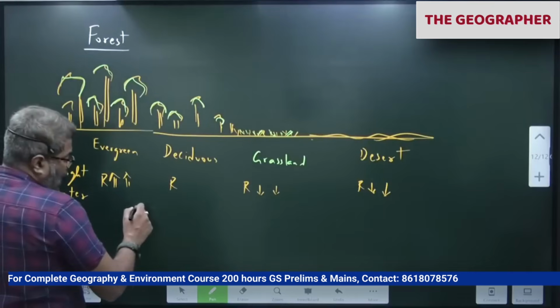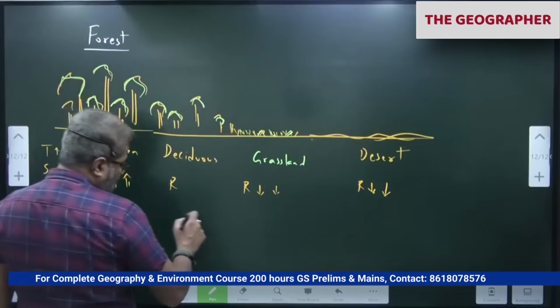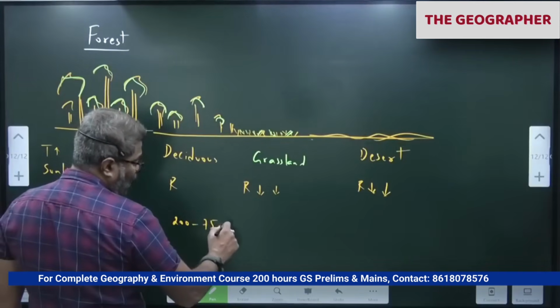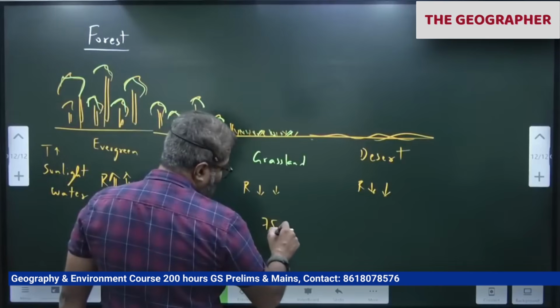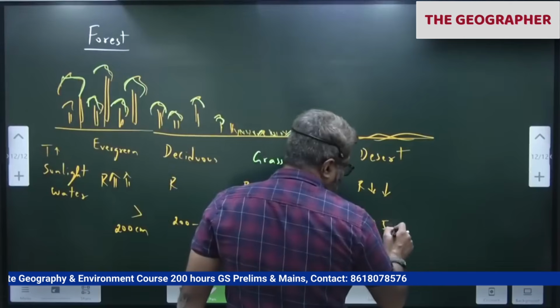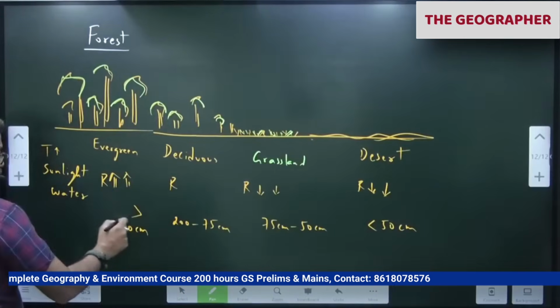Evergreen rainforest receives more than 200 centimeter rainfall. Deciduous, 200 to 75 centimeter rainfall. Grassland, 75 to 50 centimeter annual rainfall. Deserts, less than 50.